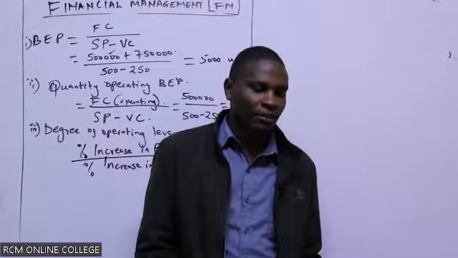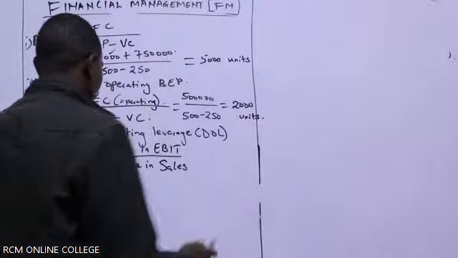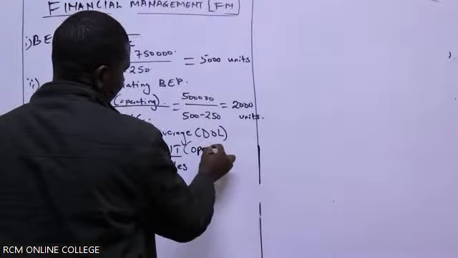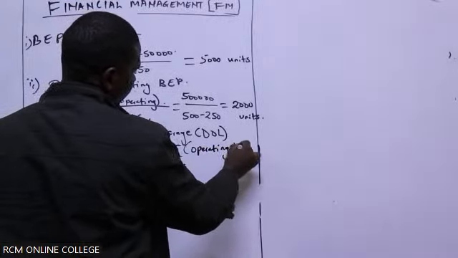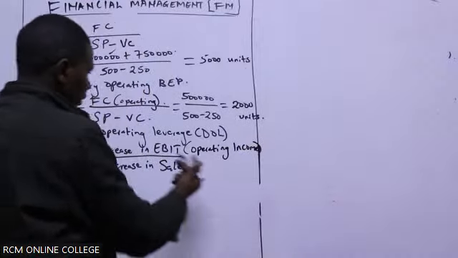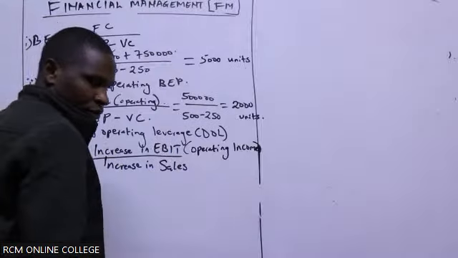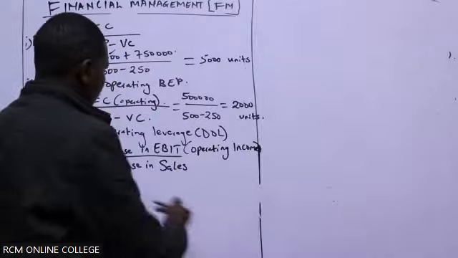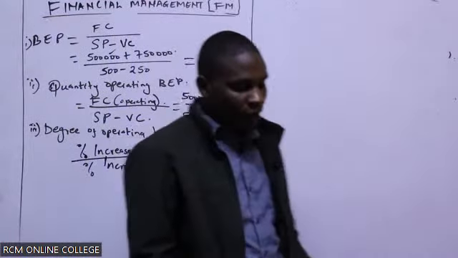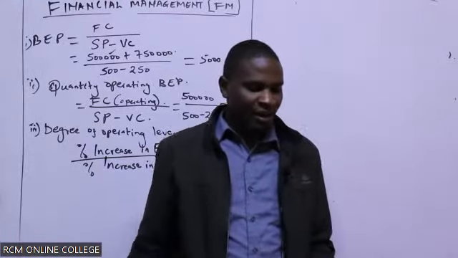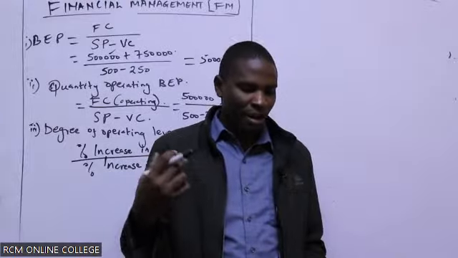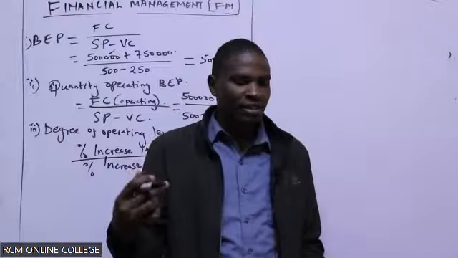Now I want to elaborate. Earning before interest and tax is what we call operating income, so we shall be using EBIT, and then the percentage increase in sales. The analysis reveals that the firm's sales increase by 10% and the firm's earning before interest and tax, EBIT, increases by 15%.